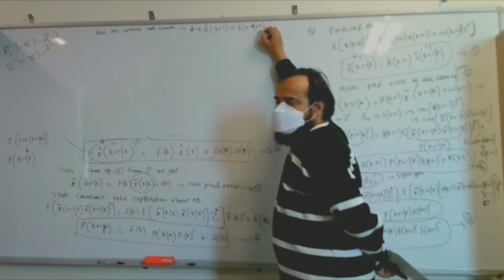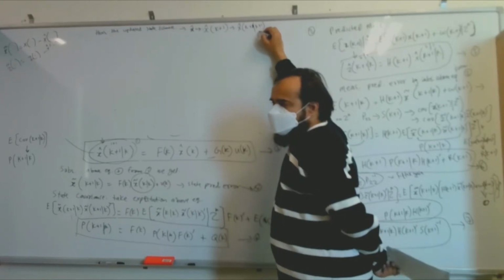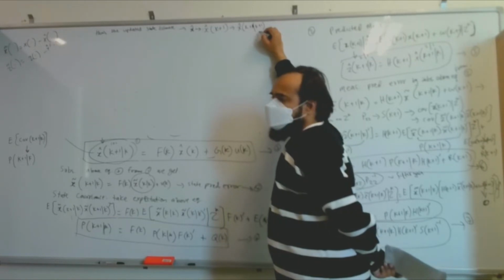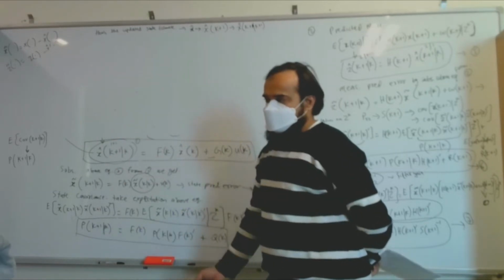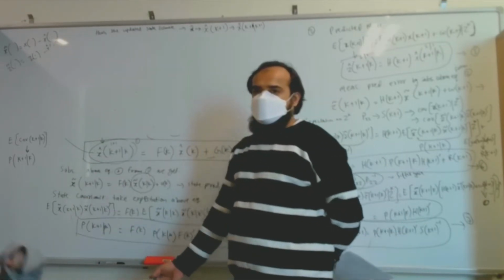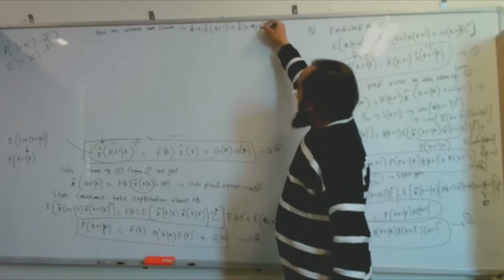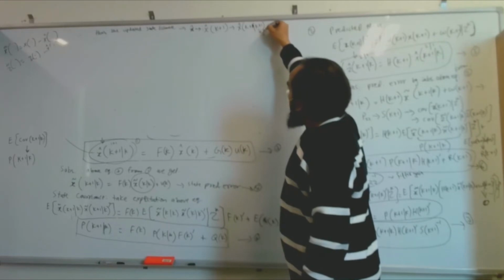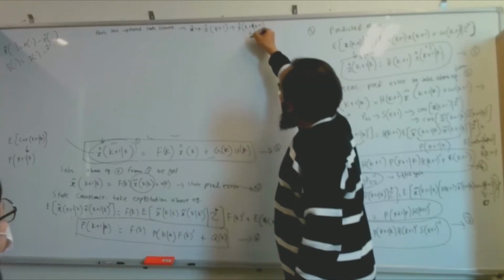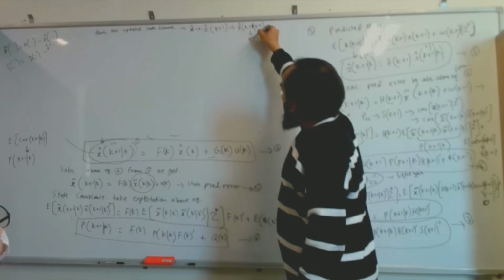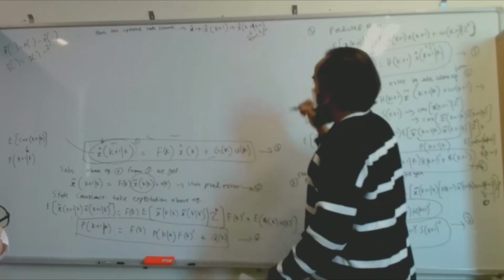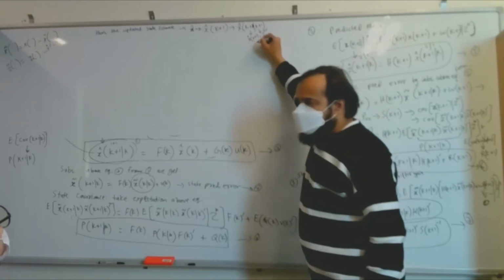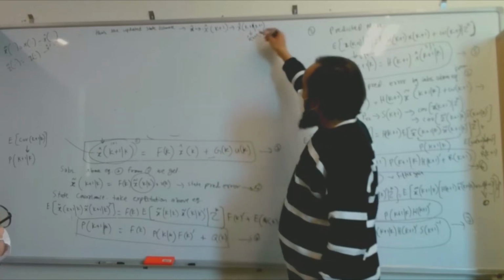Because for an update or transition from one place to another place, you must know the other place's value, otherwise you cannot go to the other side. So you must know k plus 1, otherwise you cannot transform x of k to k plus 1.